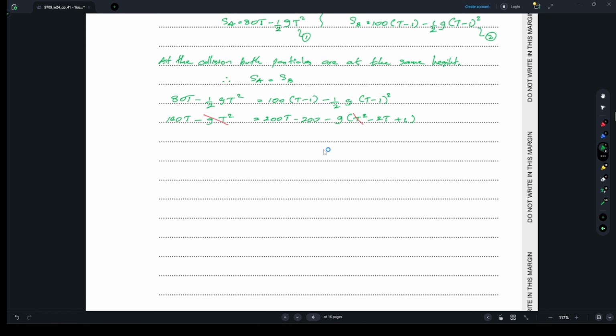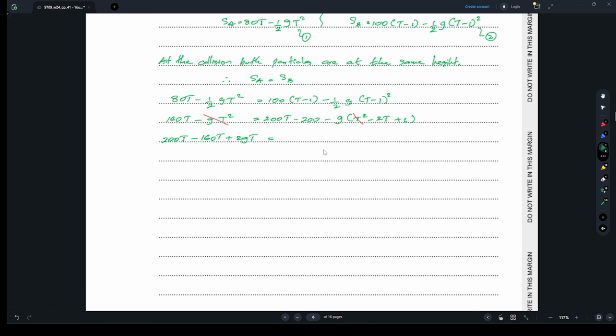I'm going to take everything to the right side, so we have 200t minus 160t, and then we have g minus g times 2t, so minus becomes plus, so 2gt.